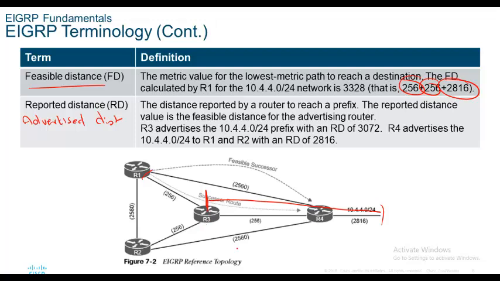See, it is 3072. Successor to the final destination is the advertised distance or reported distance. Reported distance is the distance from your successor.